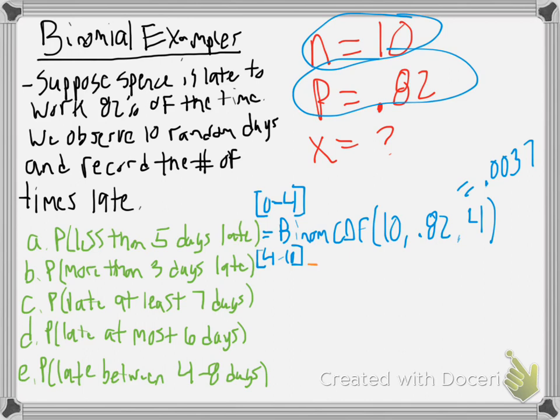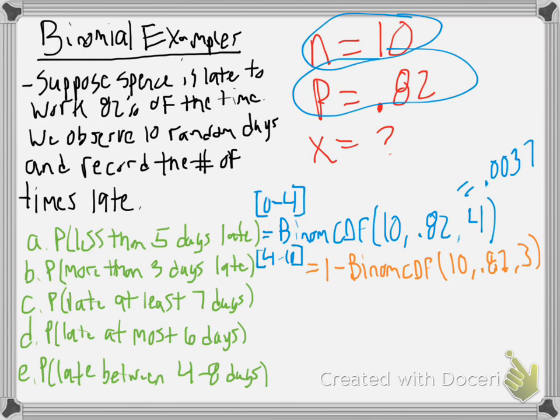So the way this works is we do 1 minus the Binomcdf of 10, 0.82, and then the number 3. And why are we doing the 1 minus again? Because the Binomcdf of 10, 0.82, and 3 is 0 to 3. So if we do 1 minus, then we'll get 4 to 10, which is more than 3 days.